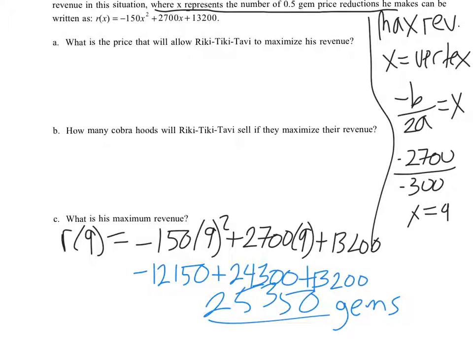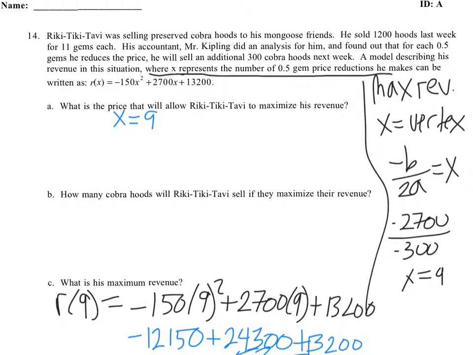What's the price that will allow Rikki-Tikki-Tavi to maximize his revenue? So again, we did x is equal to 9. It's the number of reductions of price. Currently, there are 11. And if we subtract 9 times, and we said price reductions of 0.5, that's going to be 6.5.